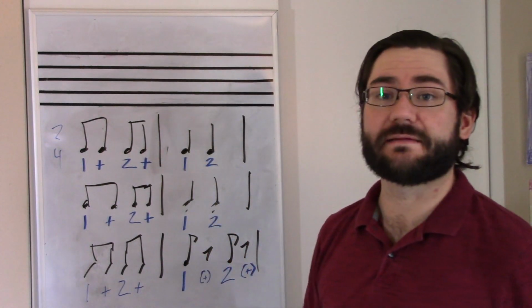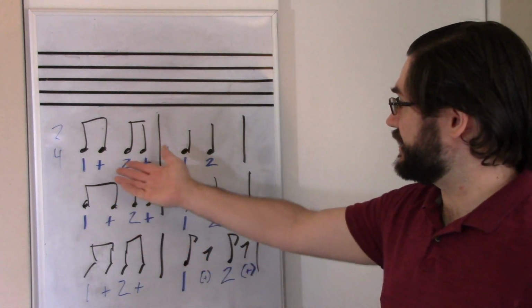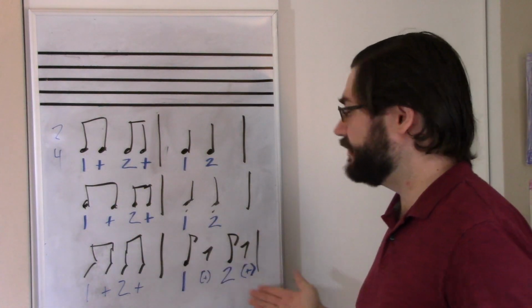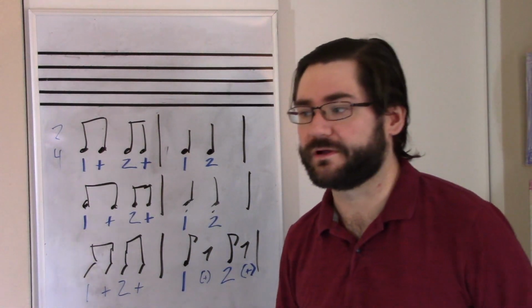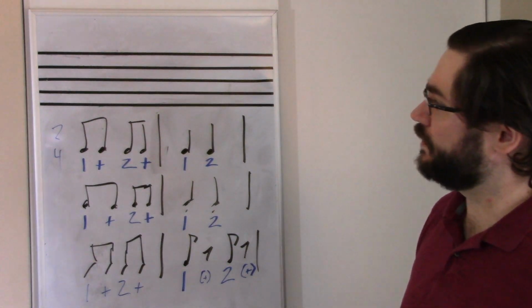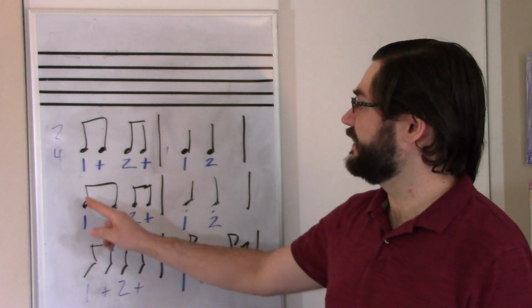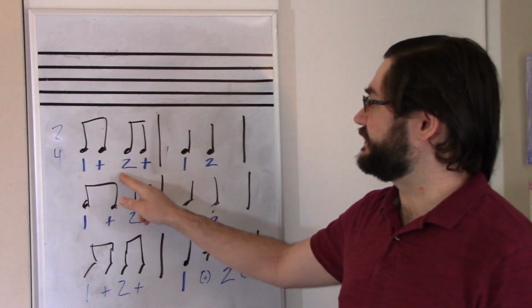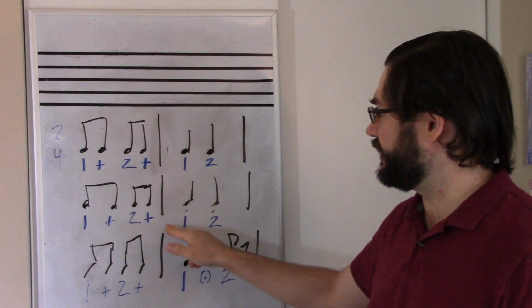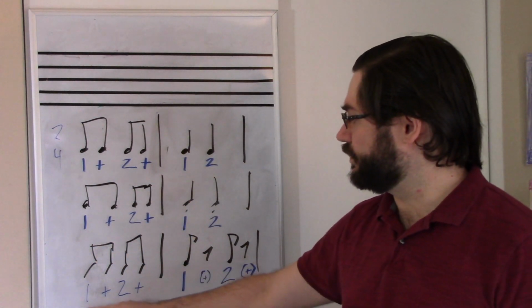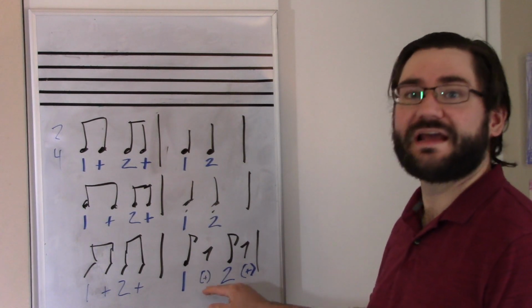All right, so let's put a tempo on, and I'm going to just count through these measures. Here we go. And 1, 2, ready, and 1 and 2 and 1, 2. 1 and 2 and 1, 2. 1 and 2 and 1, 2.